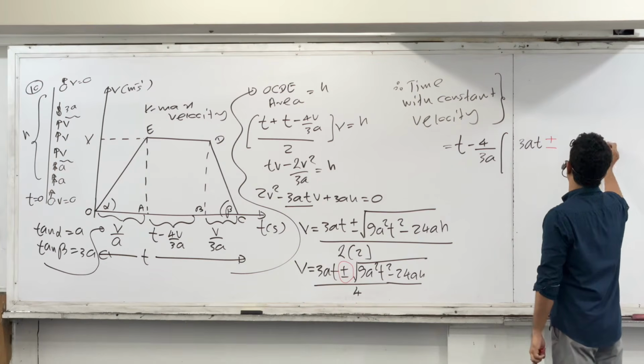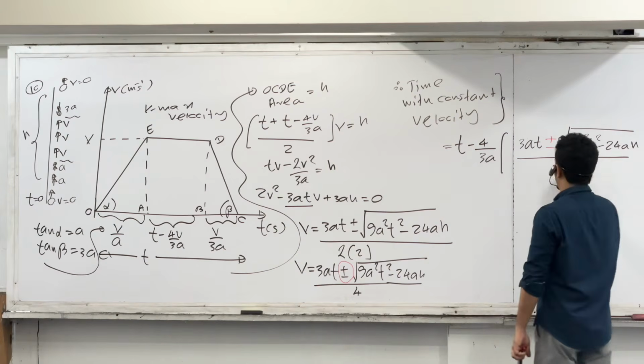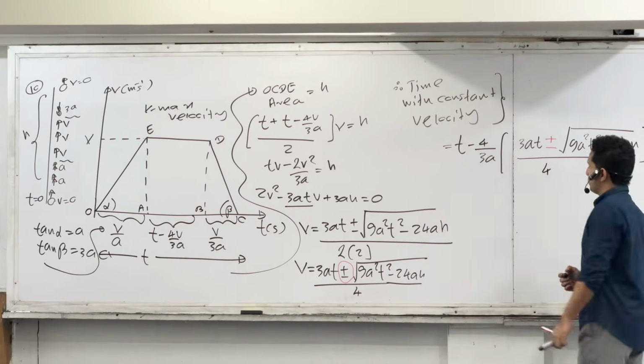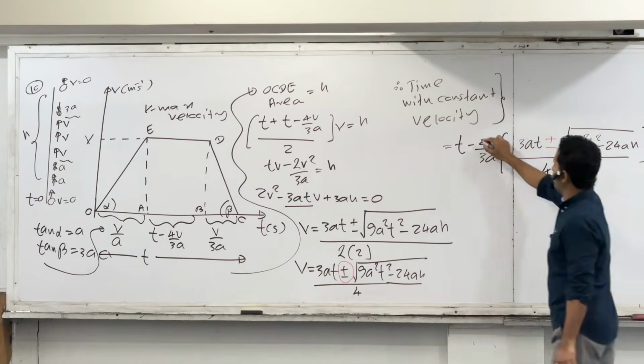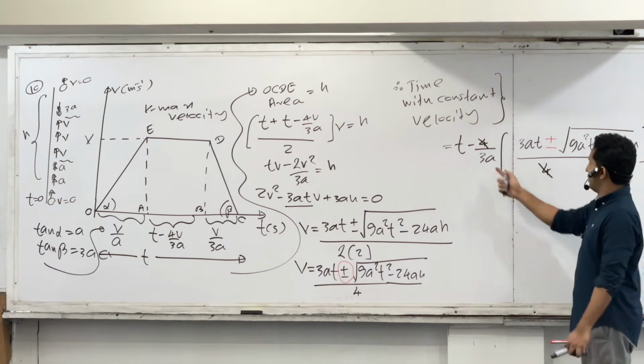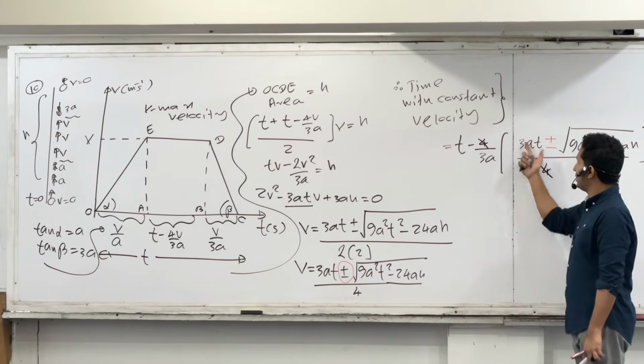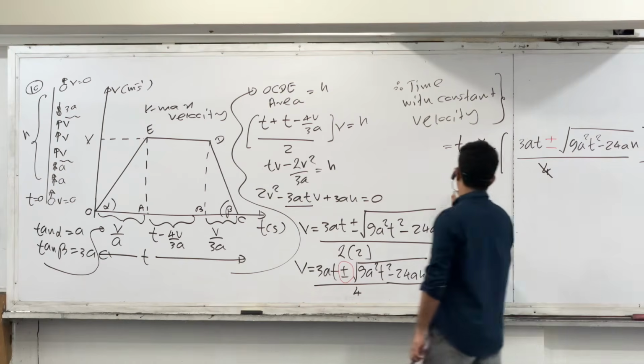9a squared t squared minus 24ah, square root, divided by 4. What will happen now when you simplify? 4 to 4 cancel here, and when you take this 3a here, 3at divided by 3at gives t.